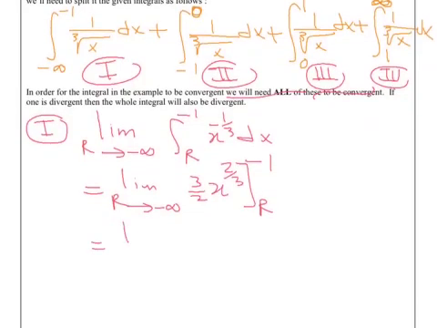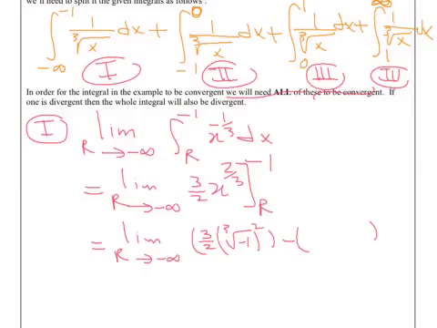Now, if we replace the limits, we are going to have 3 by 2 the cube root of minus 1 squared, minus 3 by 2 the cube root of r squared.